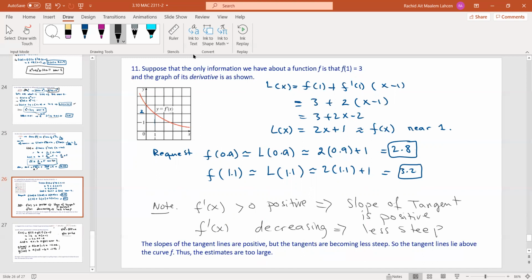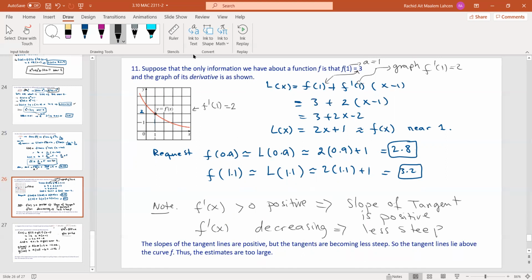Here, as you see, you're given the derivative graph. So f prime of 1, so this is a, we need there, it's 2. We use f of 1 is 3. F prime of 1 is going to come from the graph, which is f prime of 1 is 2, and x minus 1.